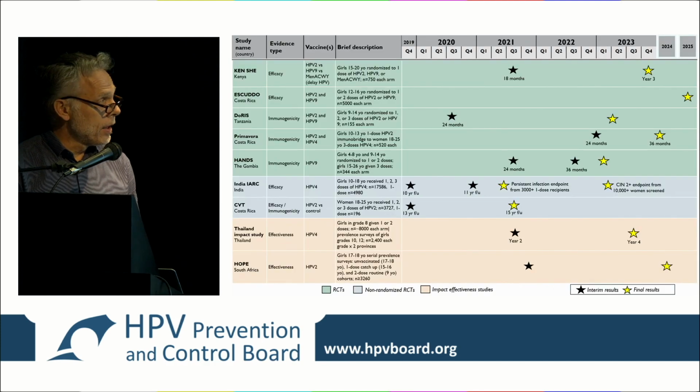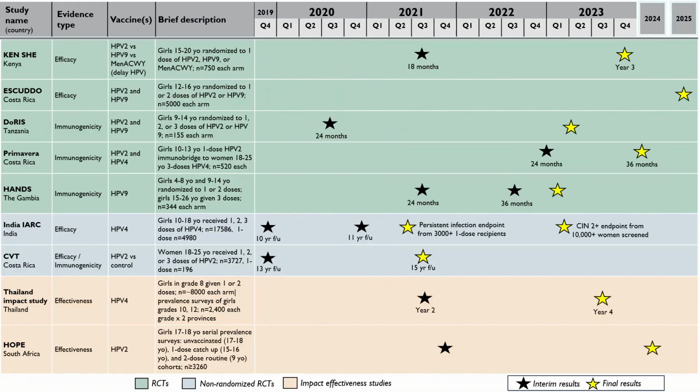We did have an extensive look at all the trials that are planned or already ongoing and recruiting. These are the ones in green, many in Africa and others in Latin America and Costa Rica. Mainly what we see here is that intermediary data will start coming in starting in 2021, and the yellow stars are final data and final evidence, which should be coming towards 2022-23.